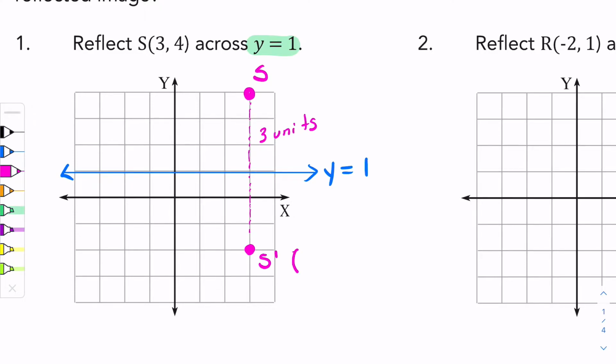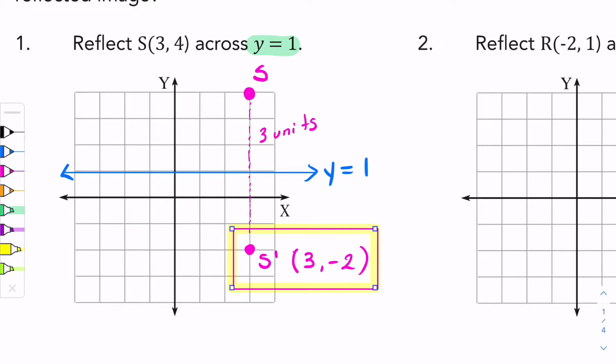This point is located at 3, -2. So again, for the line of reflection, you want to make sure that you have the same amount of units above and below the line. Here we have 3 units above the line. We counted 3 units below the line as well, and that is where our final answer is.